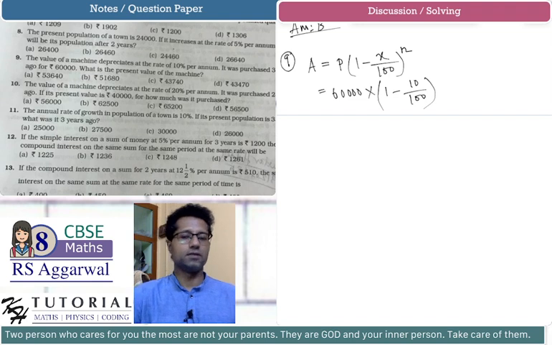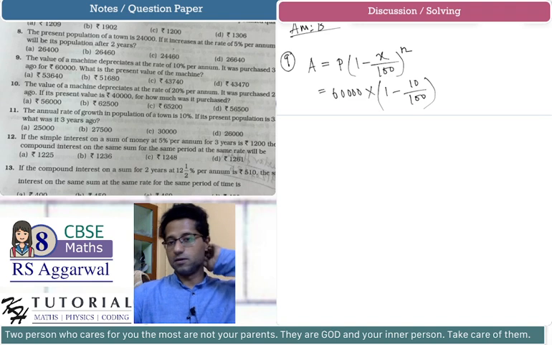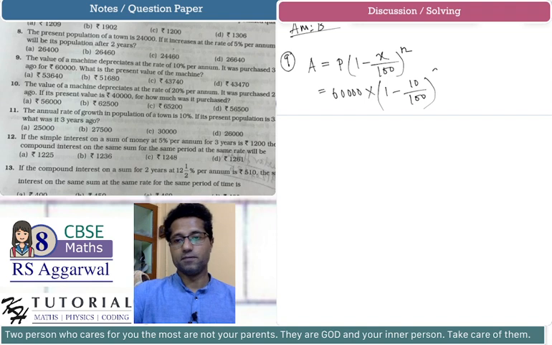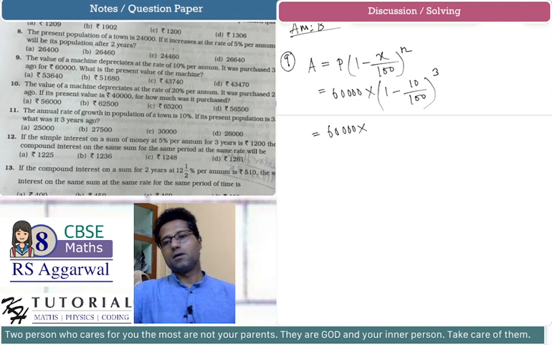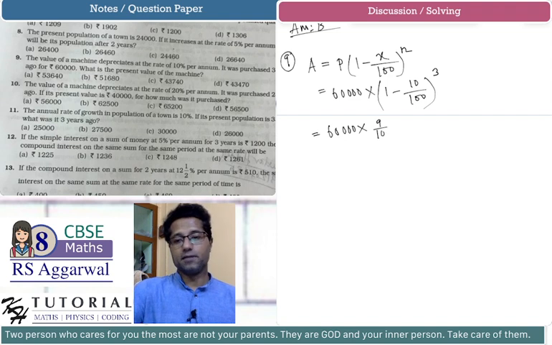So n will be 3. So this is 60,000 multiplied by (1 minus 10 by 100), 10 by 100 is 1 by 10, and 1 minus 1 by 10 is 9 by 10. So (9 by 10) cube.